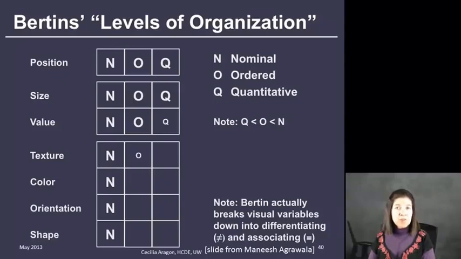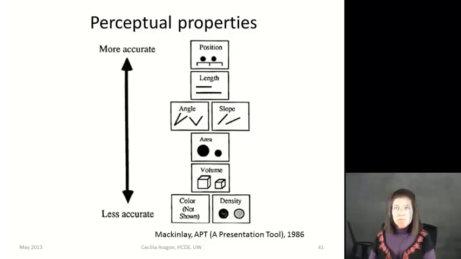You can't really say that one color is greater than another, or that one orientation is less than another, or that a shape, a star, say, is more than or less than a circle. And further work that involves decades of research in psychology and psychophysics have established this hierarchy of perceptual properties.